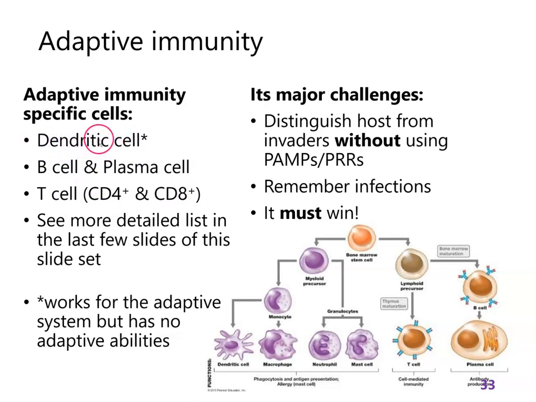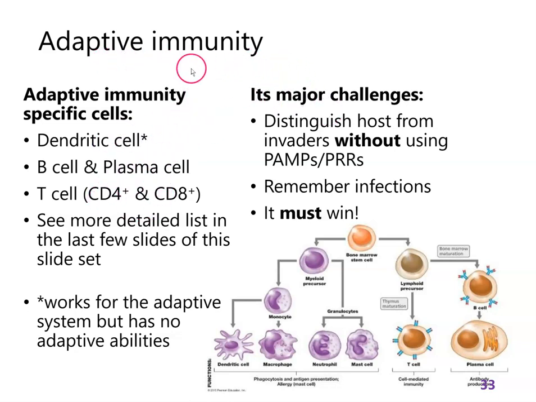They are similar to macrophages, but their job is to work with T cells. And in terms of these lists, you're going to see more detailed lists later on. I've made some very detailed lists of all the cells, and those should help you study. But we'll get to those later.